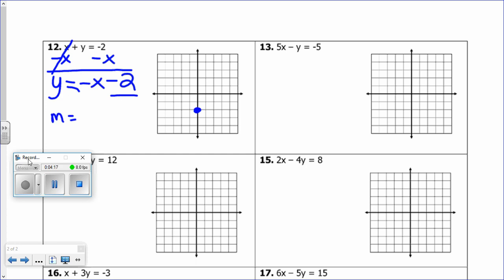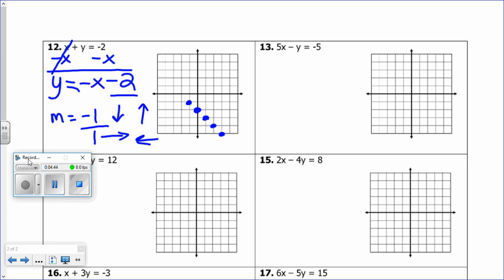Our slope is negative 1, which is negative 1 over 1, which tells me I want to go down 1, right 1. So I'm going to go down 1, right 1, and plot another point. And I'm going to continue. And then I'm going to go the other way so I can fill some on the other side. That means I'm going to go up 1, left 1.